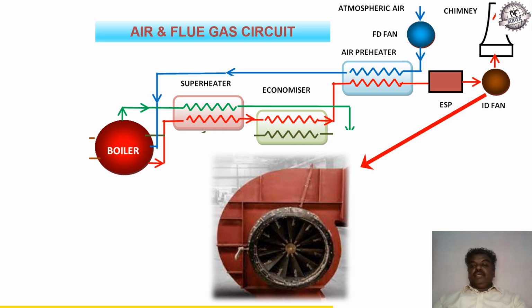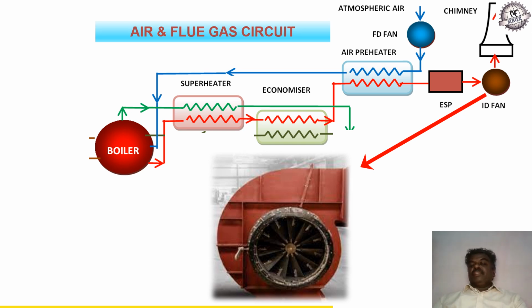The hot exhaust gas of the flue gas has to be led to the atmosphere at a much higher height. If it's let out at the ground level, it will cause disturbance to the people surrounding that thermal power plant.